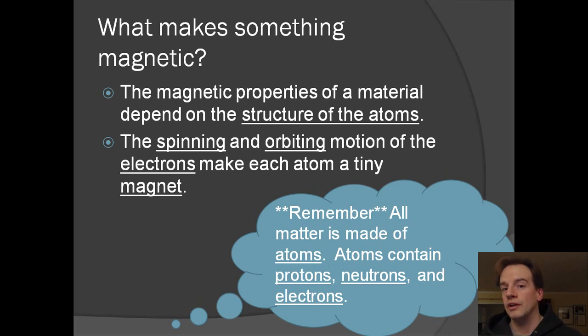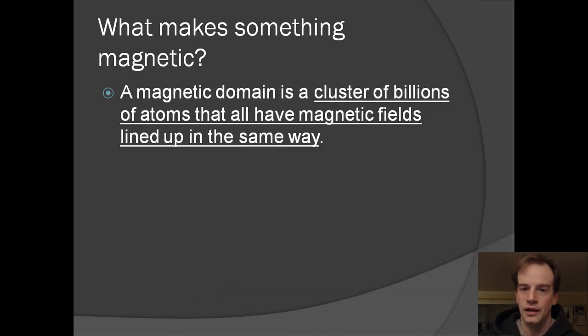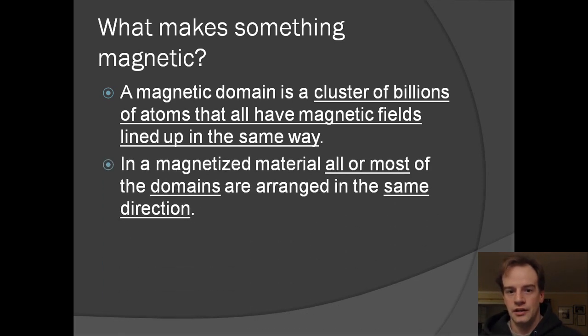So it's the number of electrons that will determine, along with the rest of its structure, whether it's magnetic or not, or able to be a magnet. Now we have these magnetic domains that are a cluster of billions of atoms that all have magnetic fields lined up in the same way. In a magnetized material, all or most of the domains are arranged in the same direction.